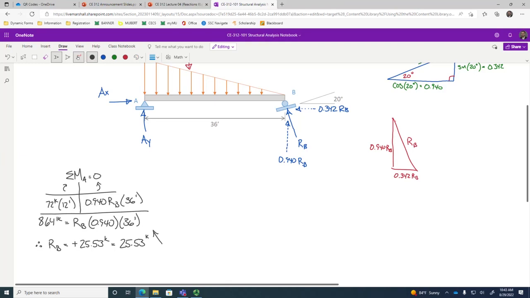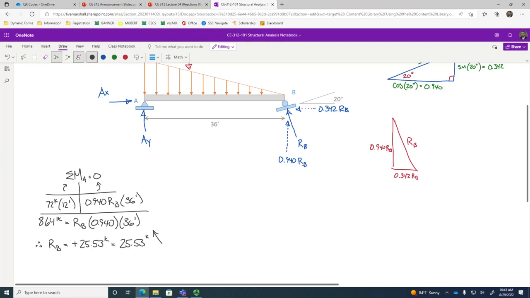If that is just RB, why did we go ahead and account for the vertical component? What do you mean? Why did we plug in the 0.94 if we're solving for RB? Because if we're going to break it down further into components... So here's what we did. We drew our free body diagram.